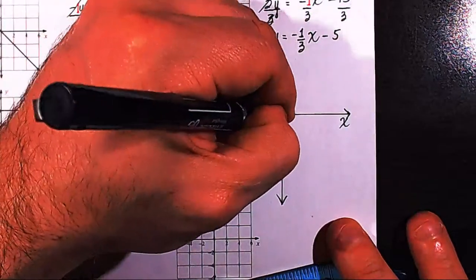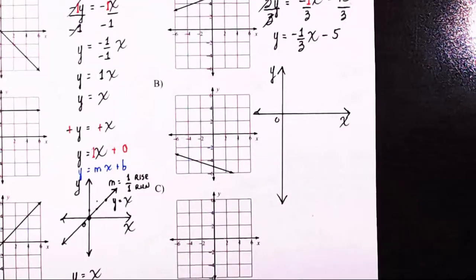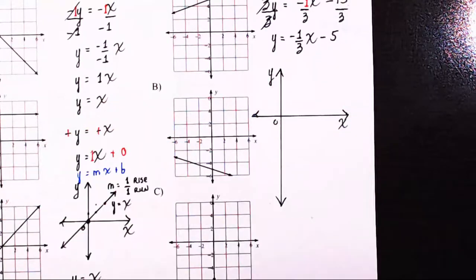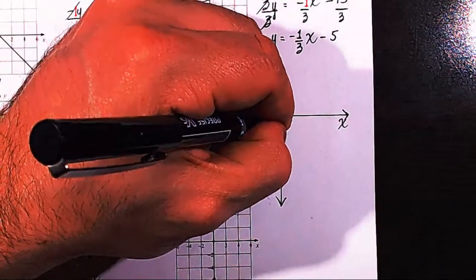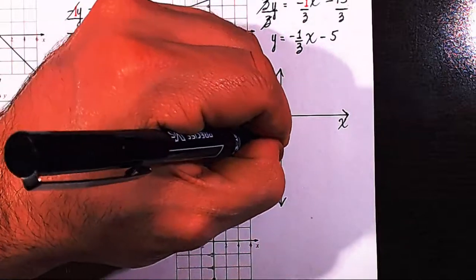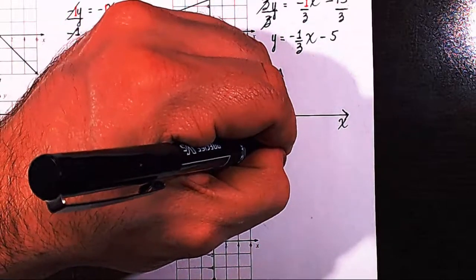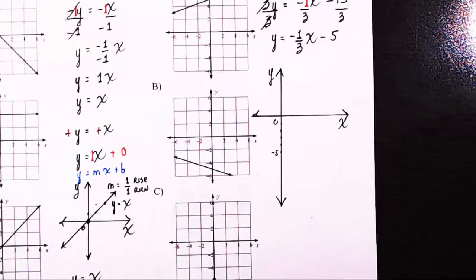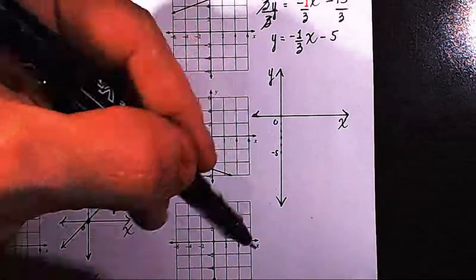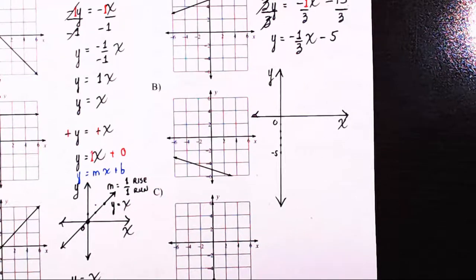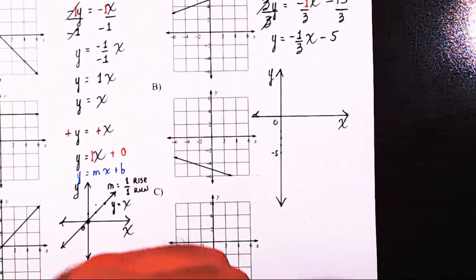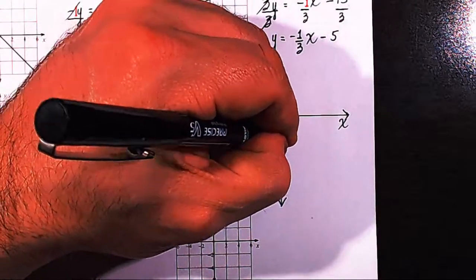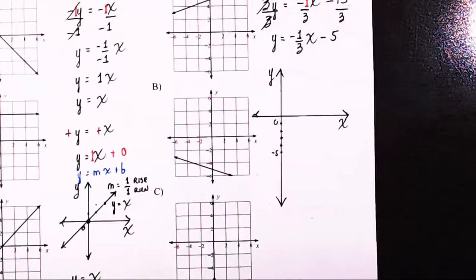Just label your axes. Now let's think about this. All right, the y-intercept is negative 5. So I need to go down 1, 2, 3, 4, 5. Right there, negative 5. Okay, if you say, hey, how are you drawing the graph because there's no grid lines? Well, I'm just kind of eyeballing it. I'm evenly spacing my dots or my lines like that.